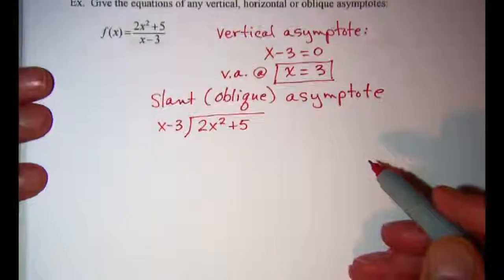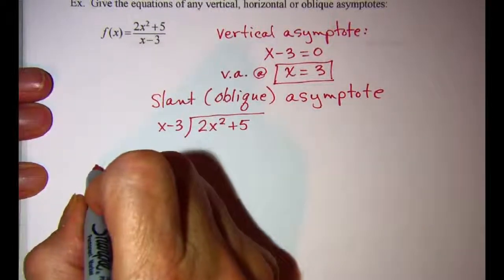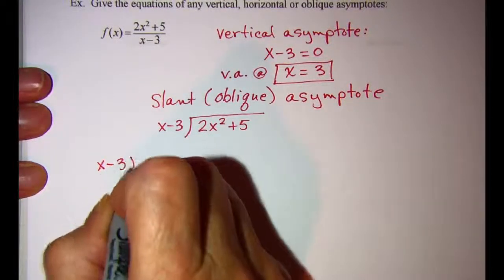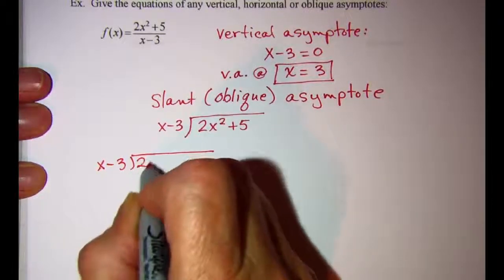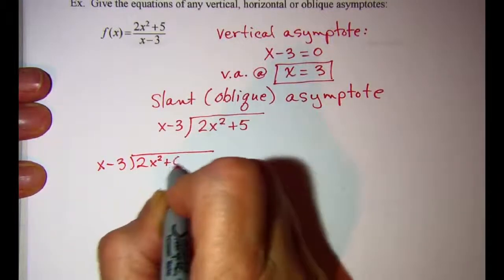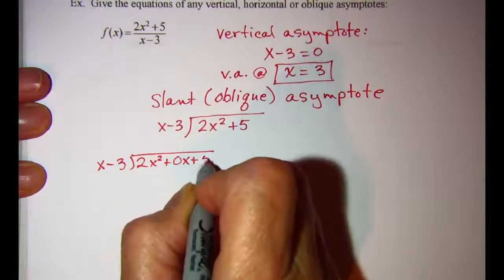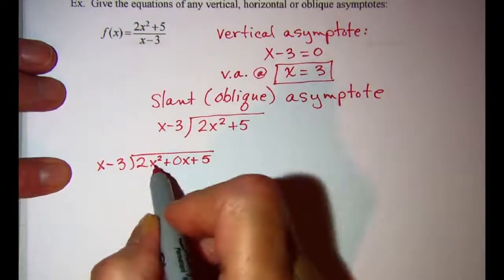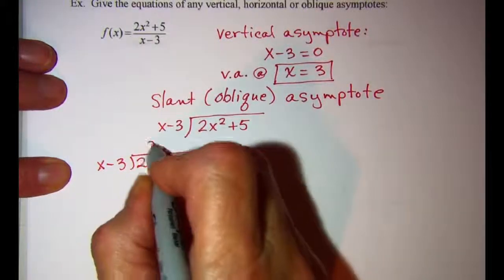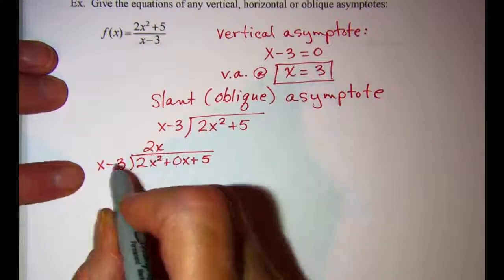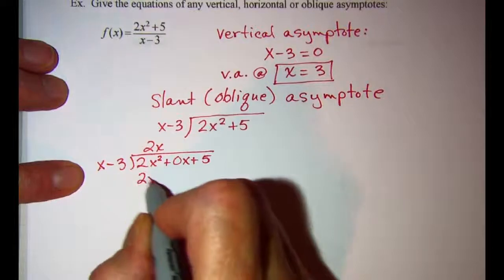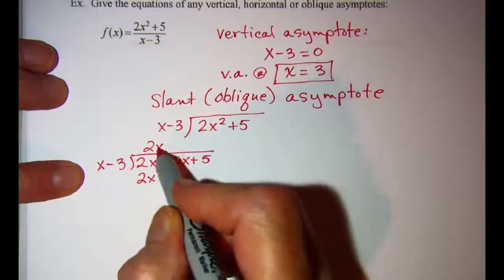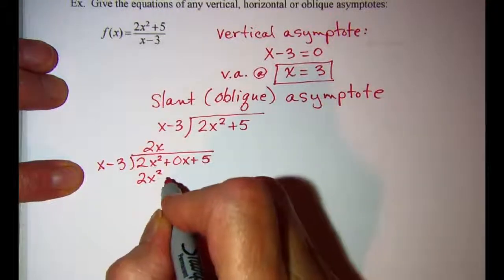So let's go ahead and do that. x minus 3 divided into 2x squared plus 0x plus 5. And 2x squared divided by x will give me 2x. Multiplying 2x times x is 2x squared. And then 2x times negative 3 is negative 6x.